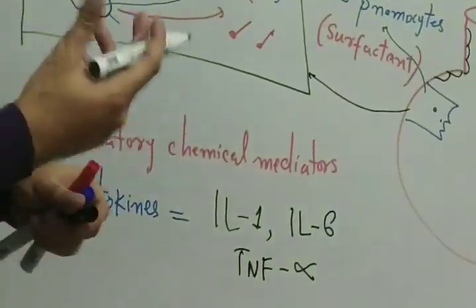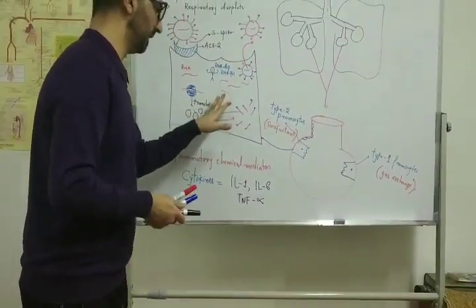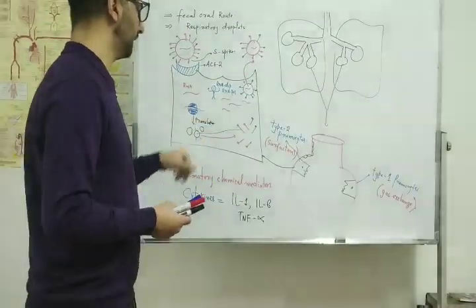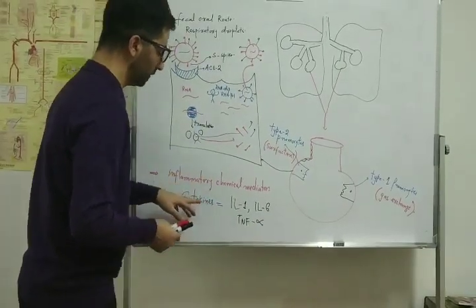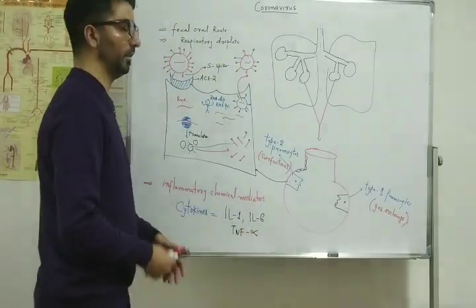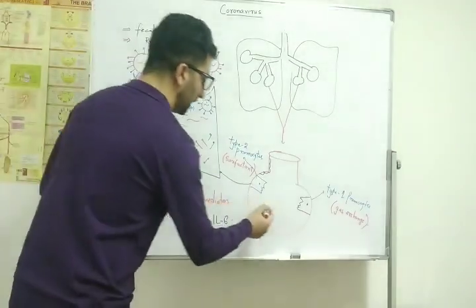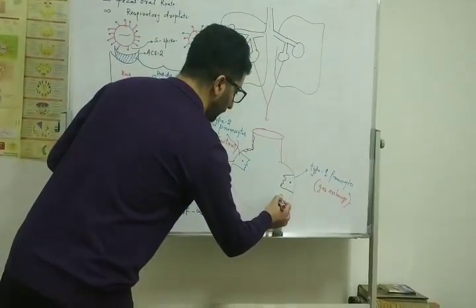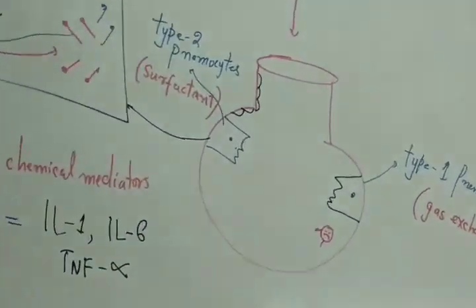What is a cytokine? They are chemical messengers, we can say chemical calling messengers. For example, if this cell is damaged, it will call other cells: please help me out, I'm in distress, please protect me from this. So they release the cytokines: interleukin 1, interleukin 6, and tumor necrosis factor alpha. When these substances are released, for example, this was the virus here, a dangerous virus, I will make it dangerous like this.